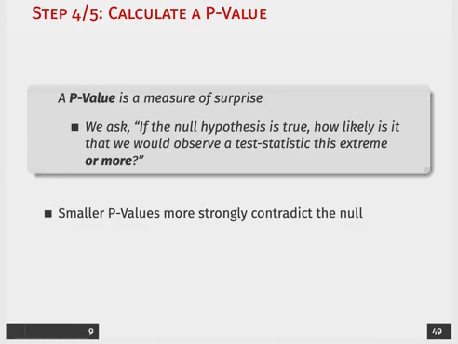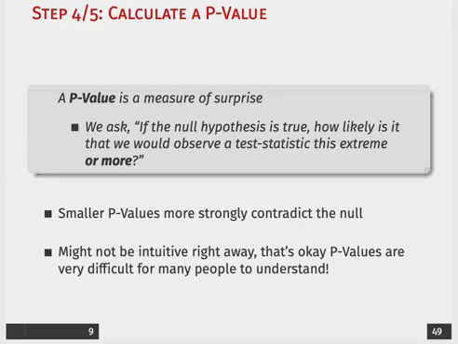So smaller p-values more strongly contradict the null, right? A larger and more extreme value is going to be associated with a smaller p-value because it's farther away from what we might have expected. And I understand that this is not necessarily intuitive right away. That's okay. These are very difficult to understand, and there are many people that have advanced degrees and have taken many stats courses that could not define a p-value or a hypothesis test correctly. The important part is that we concentrate on defining it correctly and applying it in a proper manner.